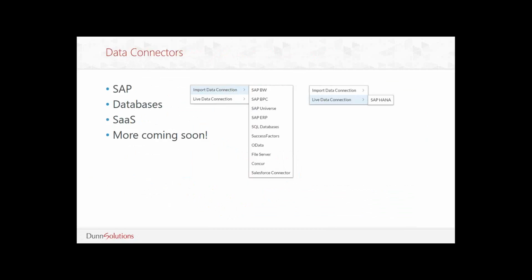I mentioned the data connectors. These are some of the available connections. So for example, we do have several SAP connections, such as SAP BW, BPC, Universes, ERP, and these are imported data connections. So these would be imported and the data would then live in the cloud. Now, there is a scheduler available, so it's not a manual pull.